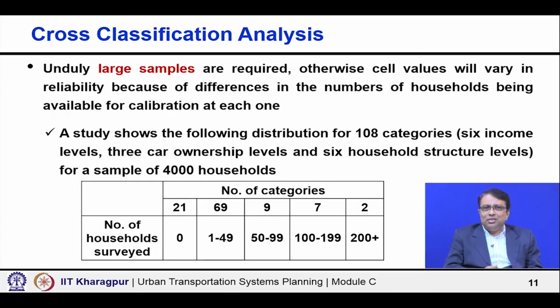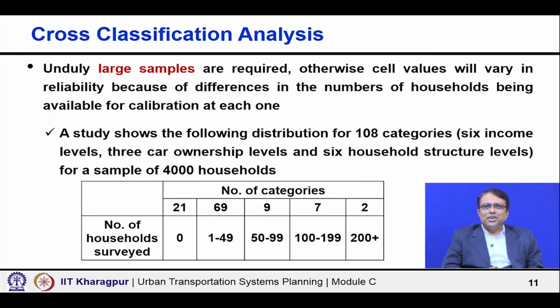What was shown here? There are only 2 cells where 200 plus data were obtained, 7 cases where 100 to 199 data were obtained, 9 cases where only 50 to 99 data were obtained, 69 cases where only 1 to 49 samples were there, and 21 cases with 0 samples.